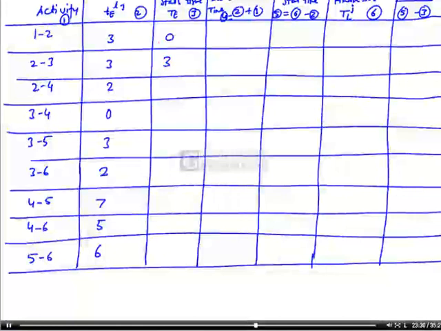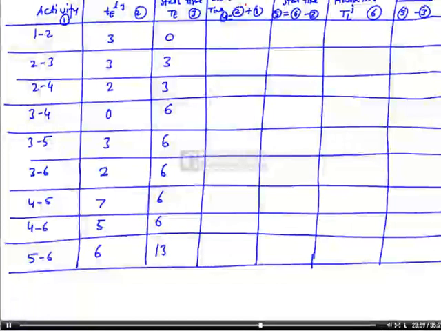Then 2 to 4 again T will be 3. We have to take at initial point. So 1, 2, 2 like this we have to take. Now 3 to 4 we have to take on 3 here. So T is 6. 3 to 5 again 6. 3 to 6 again 6, because we have to take on 3. Now 4 to 5. So T will be again 6. 4, 6. Now at point 5 it is 13. So we'll take as 13.